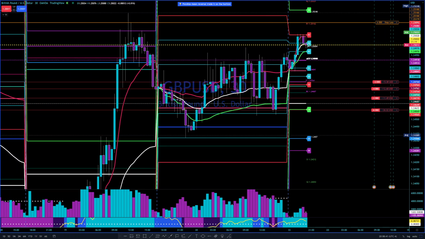Let me just grab the pen again. I like to see these wick rejections for reversal, right? Let me make that a little smaller. You see these wick rejections right here, all of this? That's what I was kind of banking on for the reversal. So when we started to break lower, look at this candle right here.